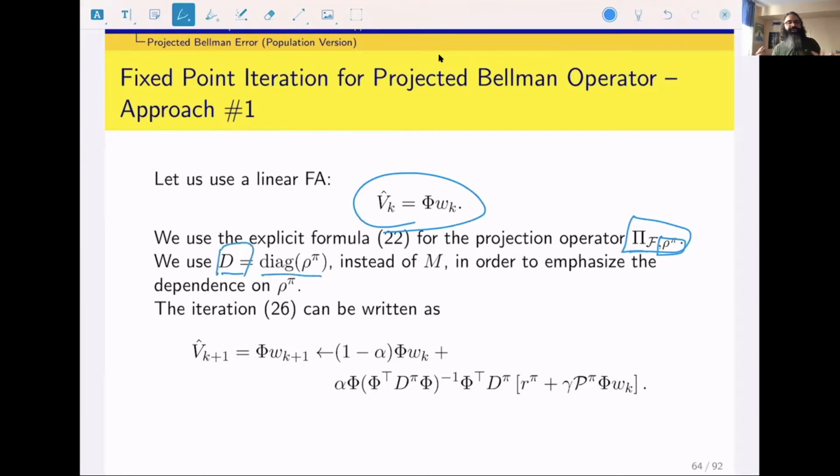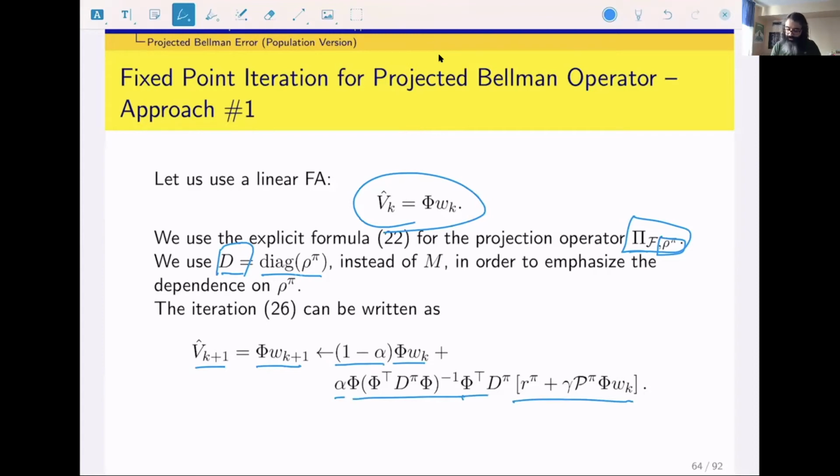So m was for any mu, but d is for the diagonal matrix of the stationary distribution. The iteration can be written as v hat k plus 1 is phi vk plus 1 minus alpha phi wk plus alpha times this projection part, and this is the Bellman operator part.